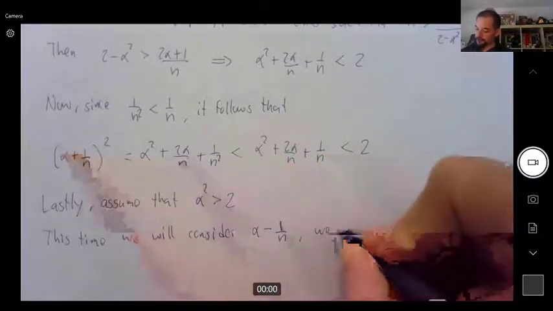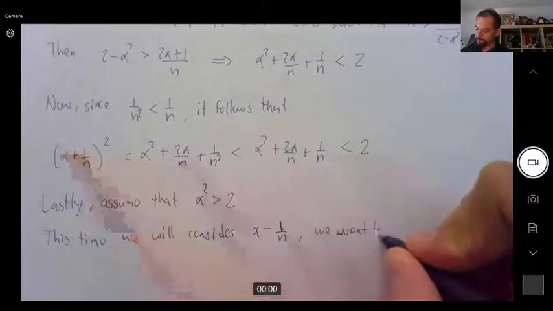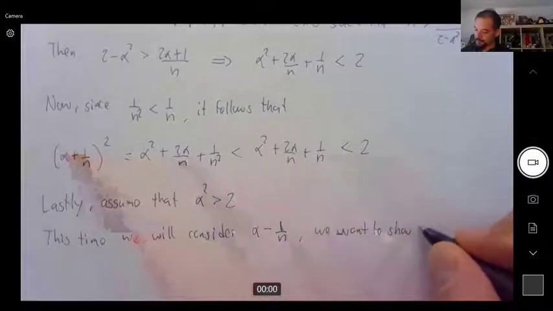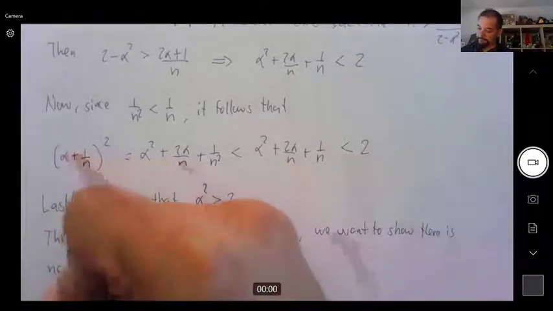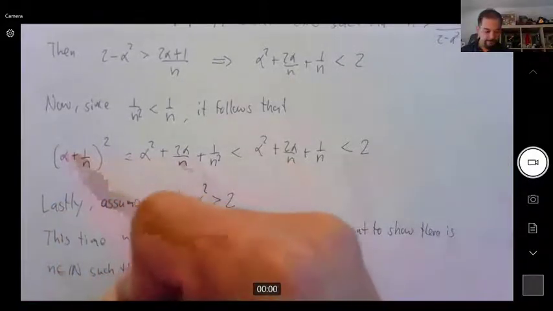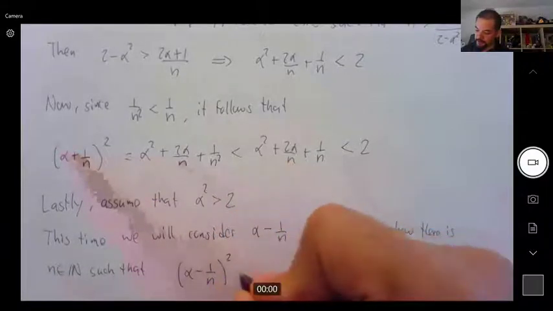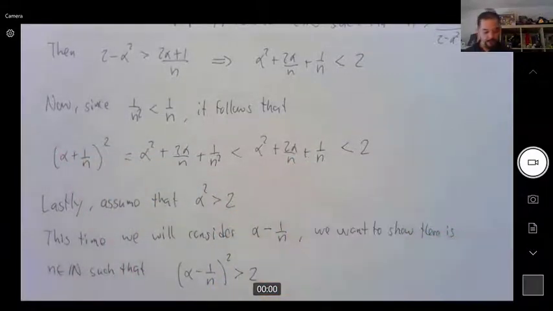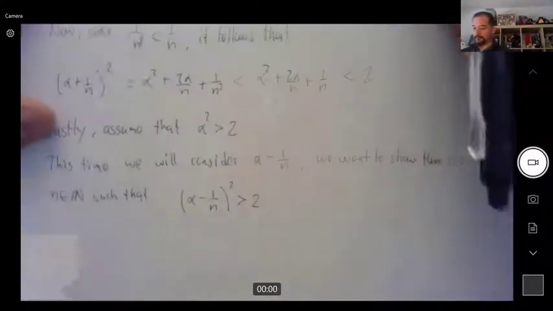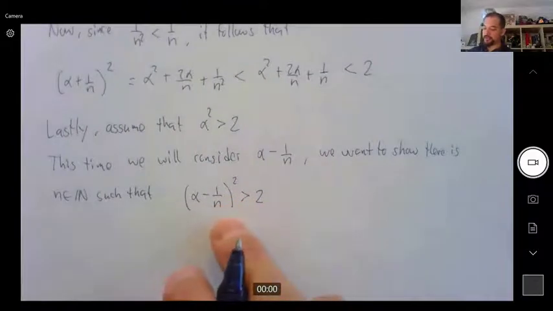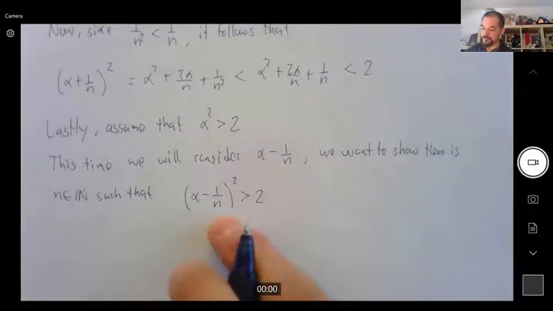And we want to show there is n, a natural number, such that alpha minus 1 over n squared is bigger than 2. And if this happens, we're going to be done.